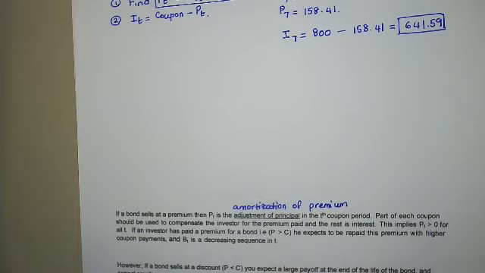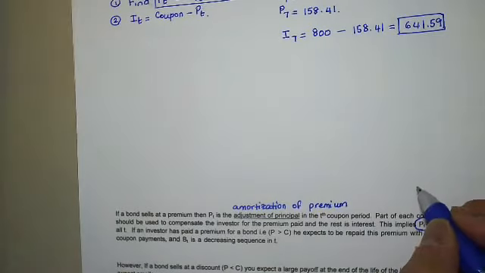In the tth coupon period, part of each coupon should be used to compensate the investor for the premium paid, and the rest is interest. This implies that our P of T's are positive for all T. If an investor has paid a premium for a bond, meaning P is greater than C, he expects to be repaid this premium with higher coupon payments, and B of T is a decreasing sequence in T.